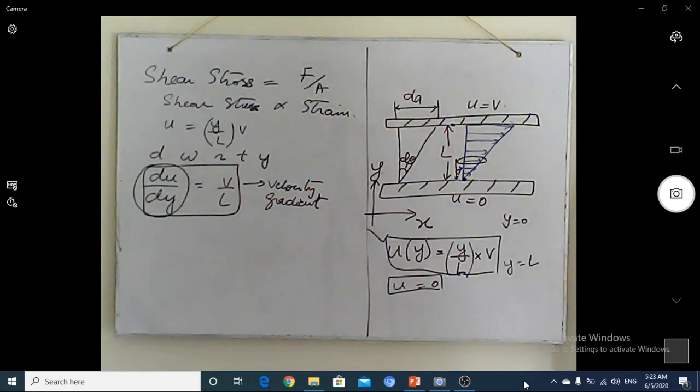Okay, after this, let's consider that the solid surface covers a distance of dA.